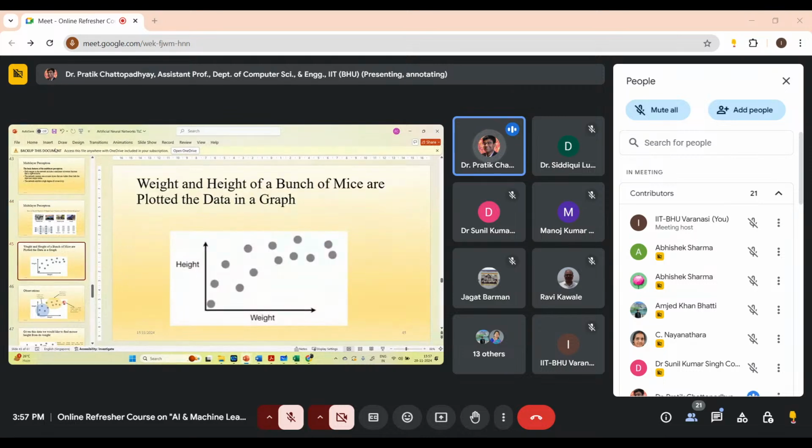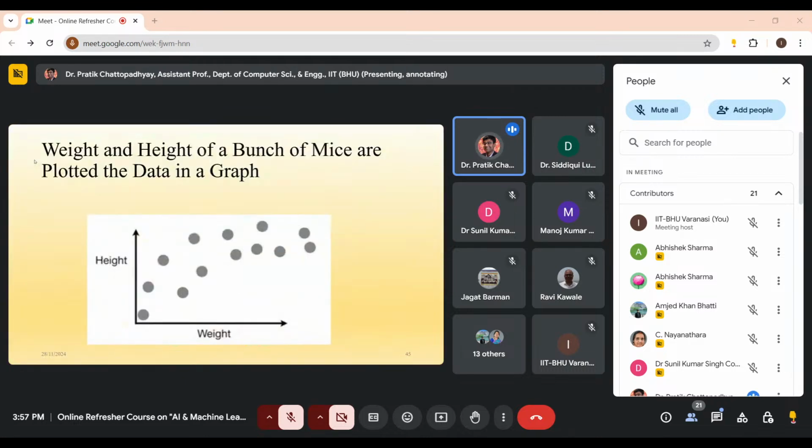Another important discussion related to classification is how well we can train a classification model. To discuss that, let us consider this figure.